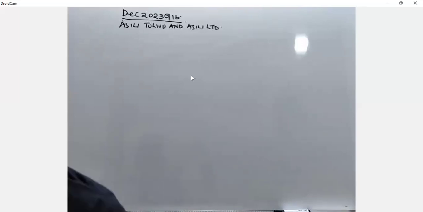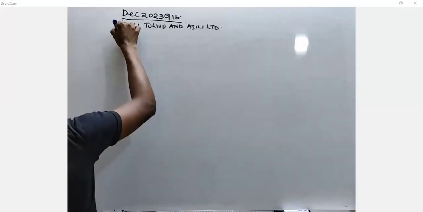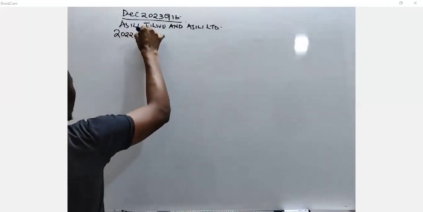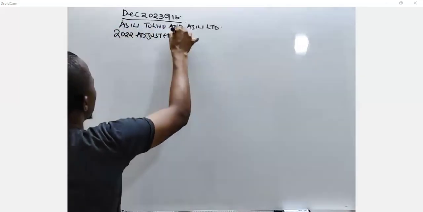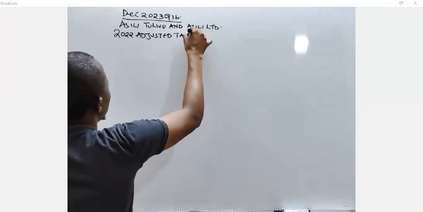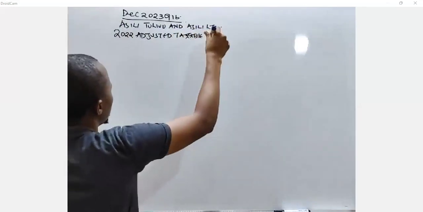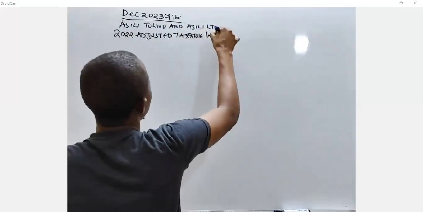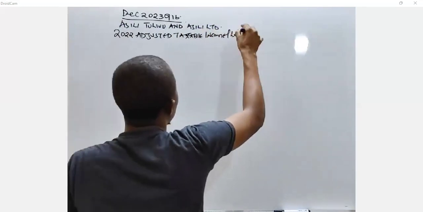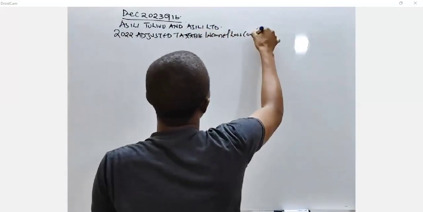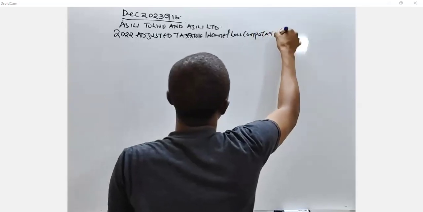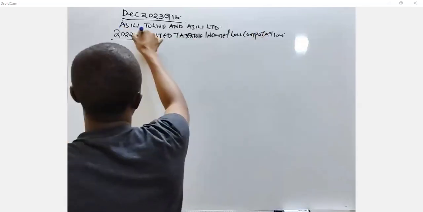Okay, so we have talked about Asili and Co and Asili Limited. We look at the period, the year 2022, adjusted taxable income computation.